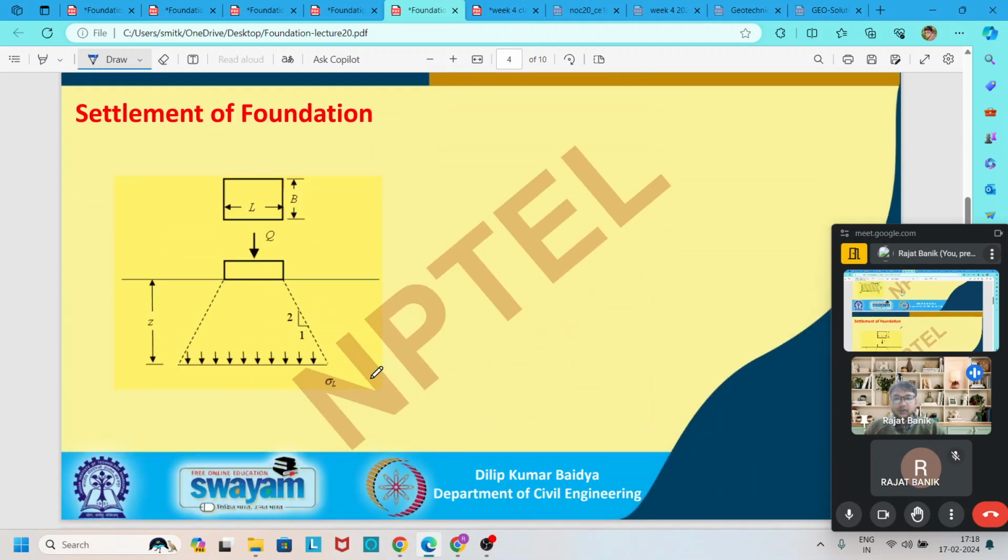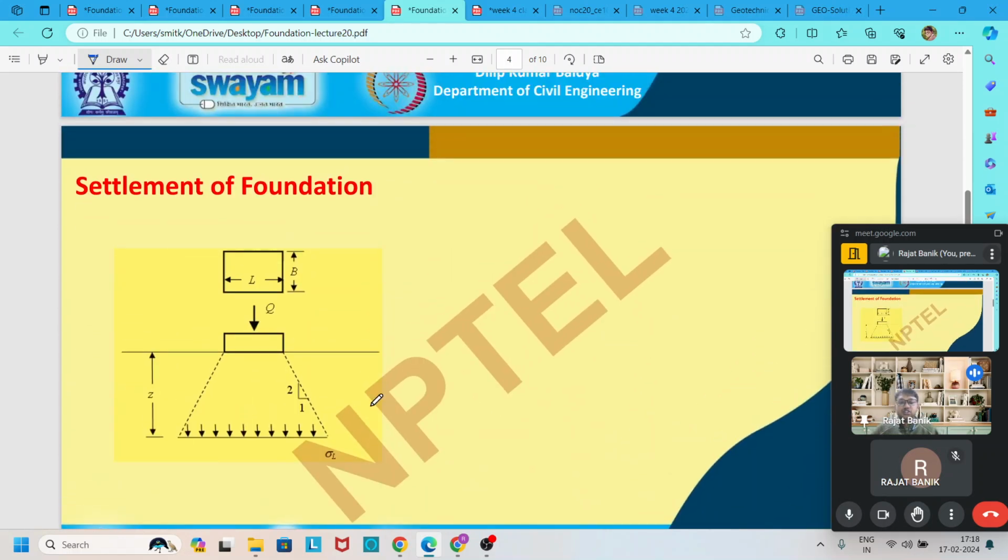Or we use the load distribution method at an angle or at a ratio of 2 is to 1.